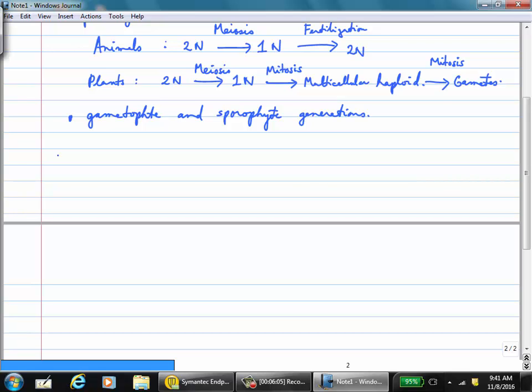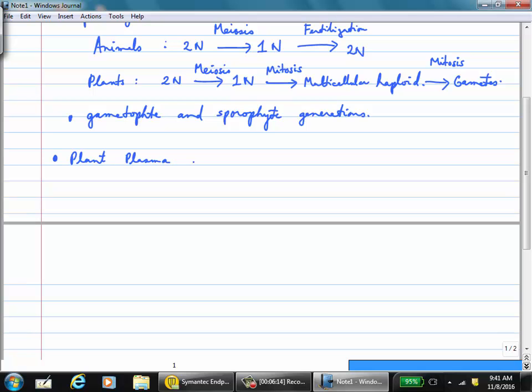So the second important difference is that the plant plasma membrane is enclosed inside a rigid cell wall.